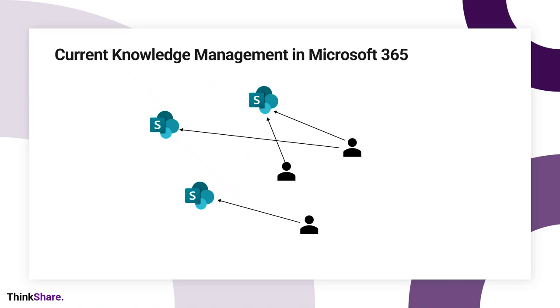A lot of knowledge management within Microsoft 365 is at the moment in document libraries, or with metadata. So you could be using term sets and the term store to categorize documents for knowledge management. But Viva Topics then adds that extra layer on top, and we'll show you what that layer consists of.